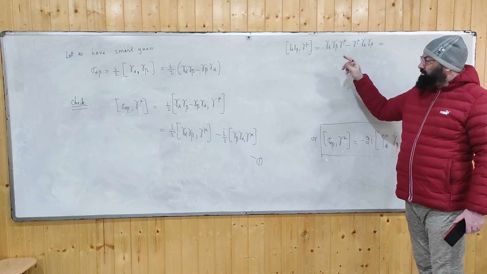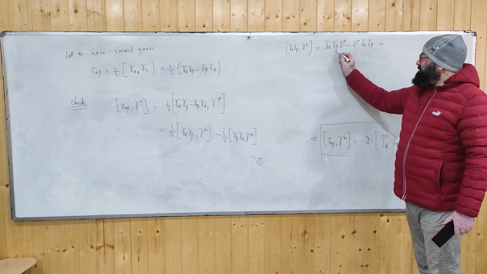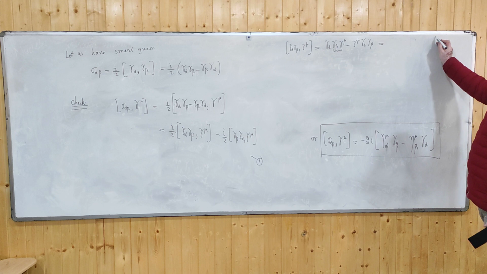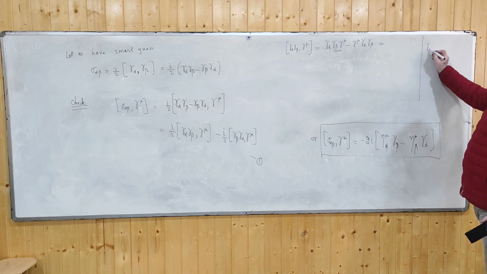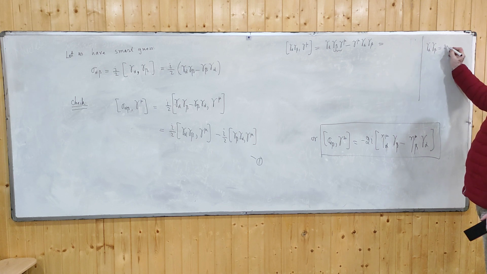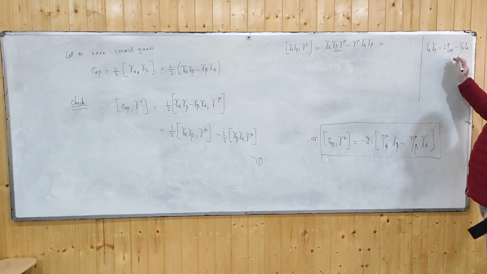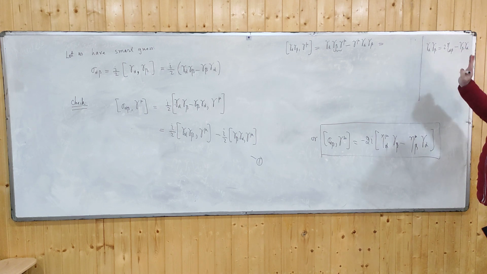I will do nothing with this thing; I will just displace it using the commutation between these two. What is our commutation? Gamma alpha gamma beta you can write as twice eta alpha beta minus gamma beta gamma alpha. Just this plus this is equal to this thing.